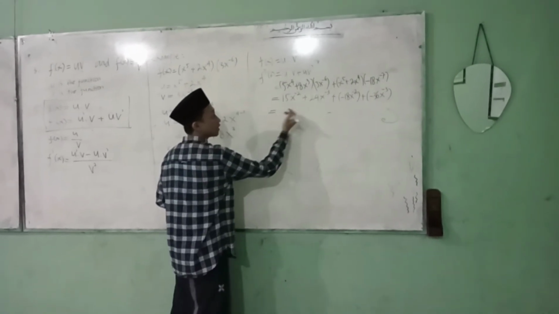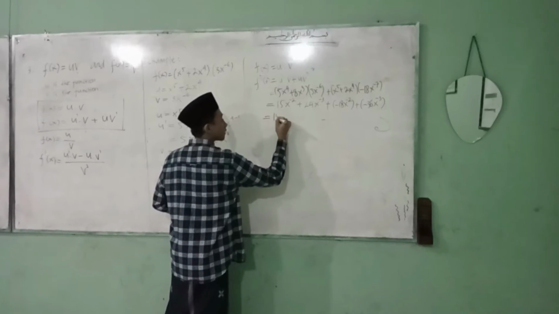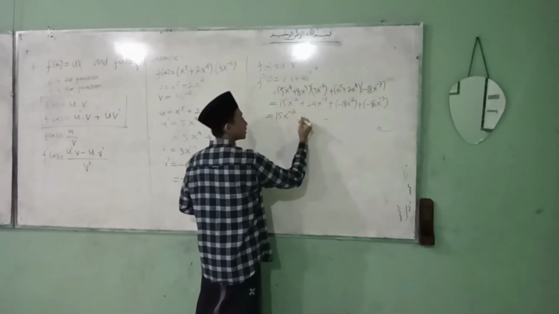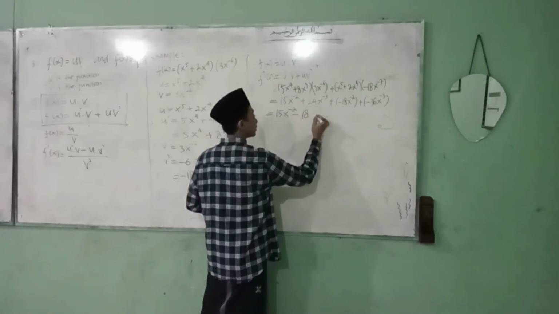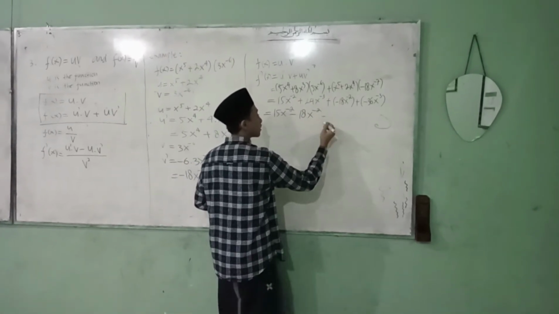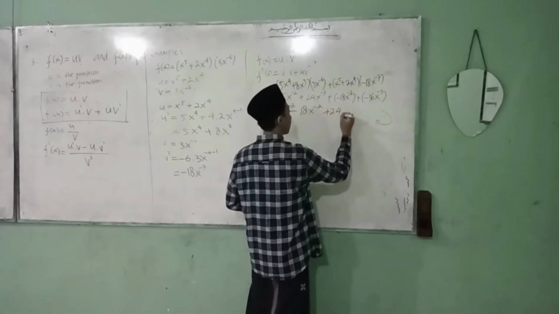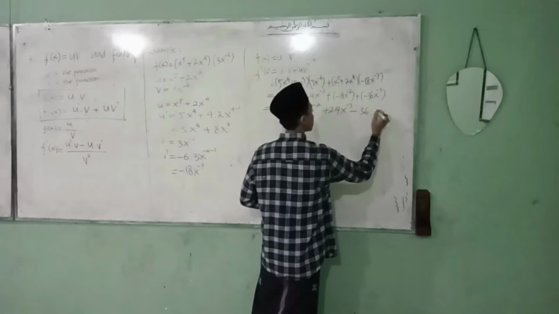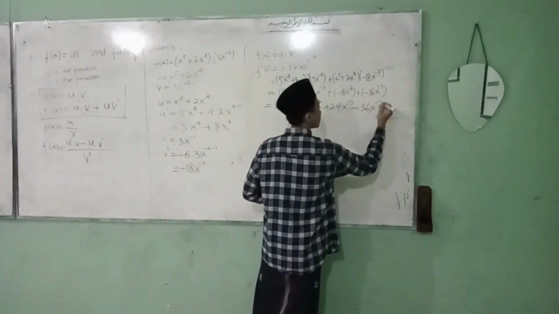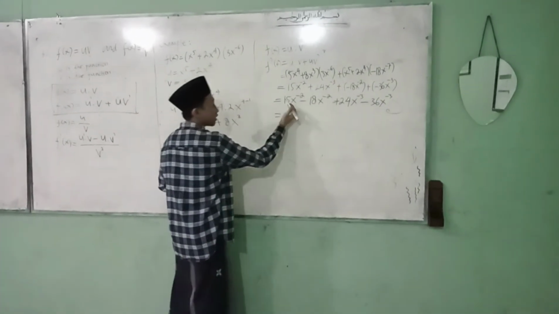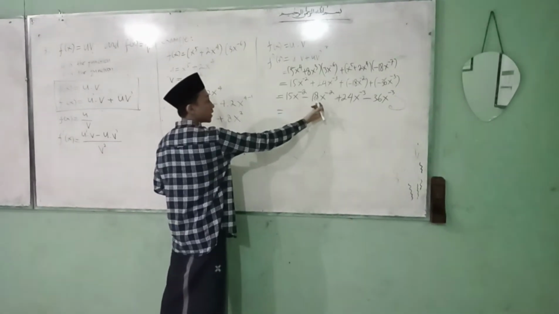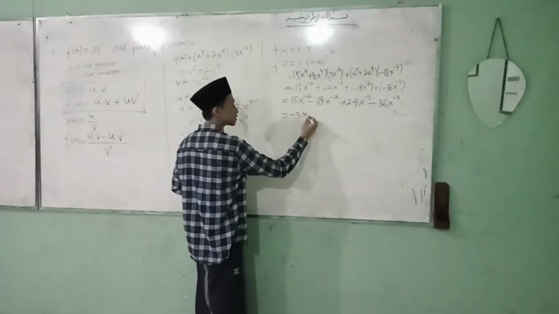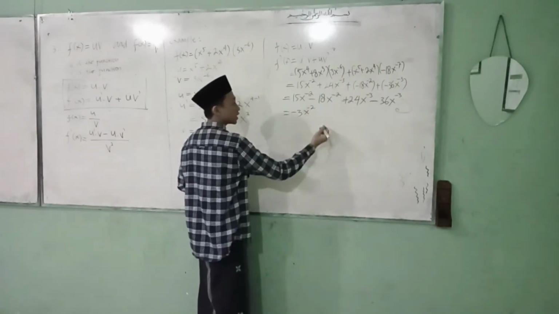And then we have 15x to the power of negative 2 minus 18x to the power of negative 2, which is negative 3x to the power of negative 2.